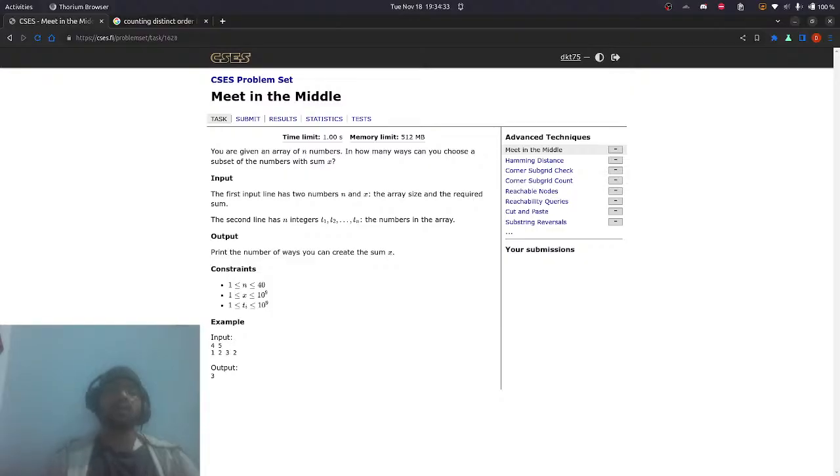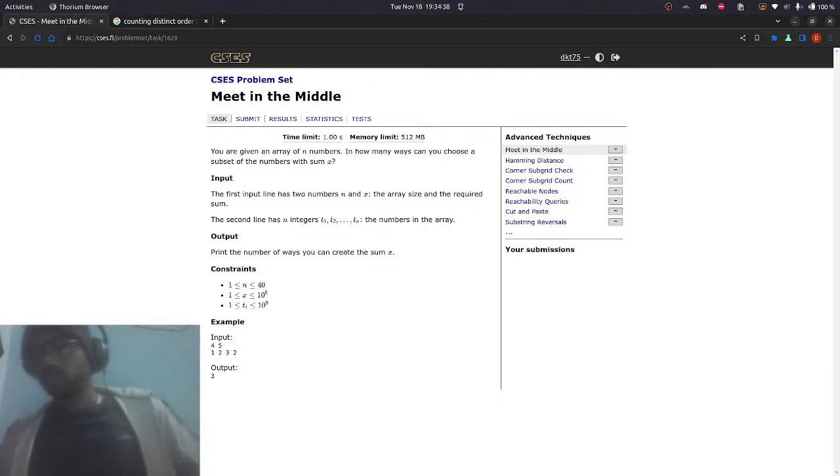It's not even a square. Number of ways you can create the sum x.